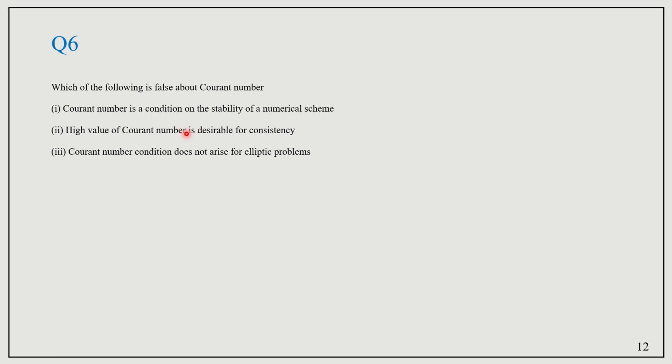And third, Courant number condition does not arise for elliptic problems. This is a true statement. Why, we will see in the next slide. But out of all the options, only the second is false. The rest, 1 and 3, are true.